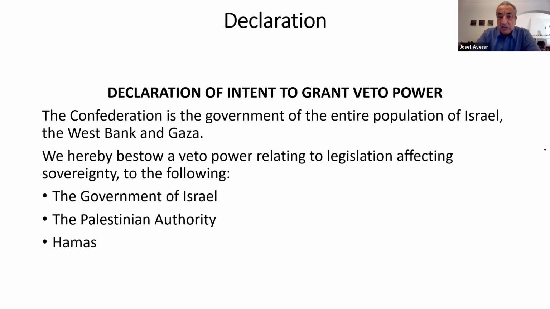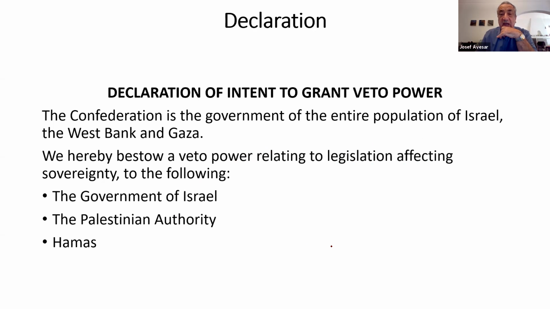The Confederation is the government of the entire population of Israel, the West Bank, and Gaza. We hereby bestow a veto power relating to legislation affecting sovereignty to the following: the government of Israel, the Palestinian Authority, and Hamas.